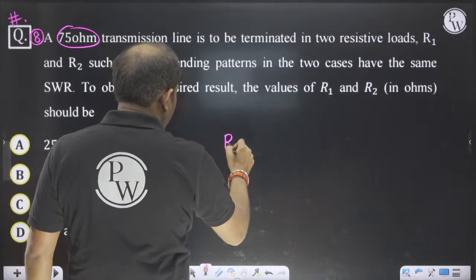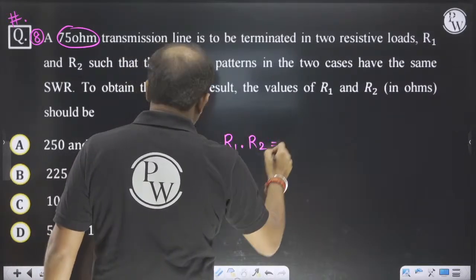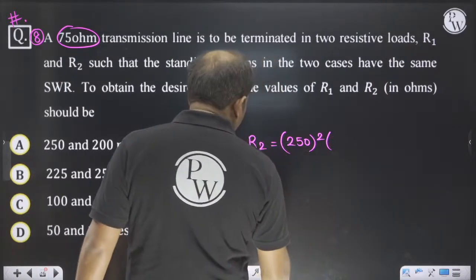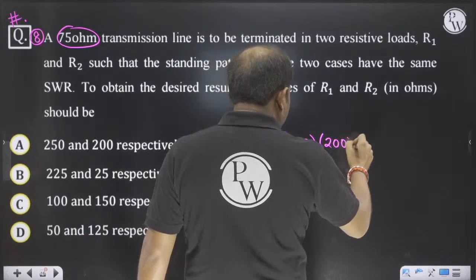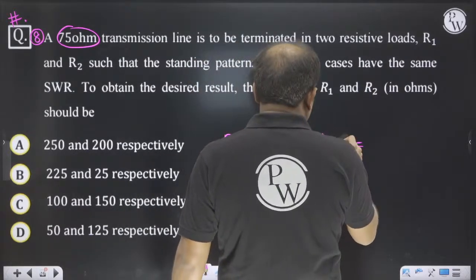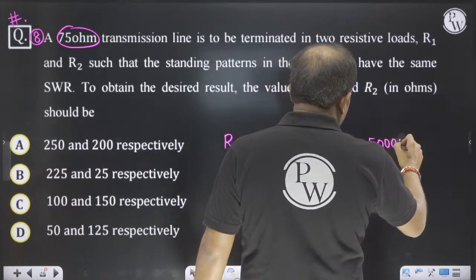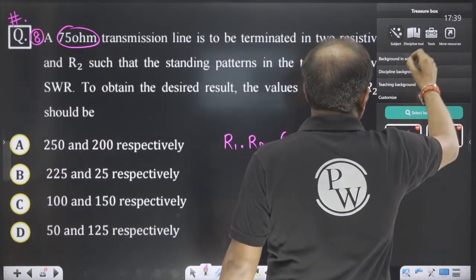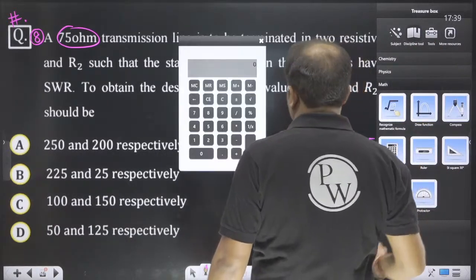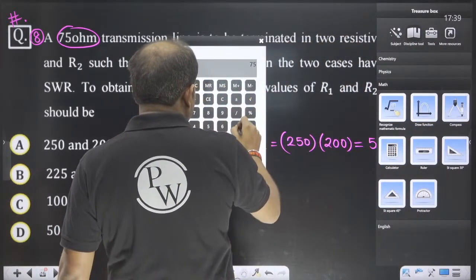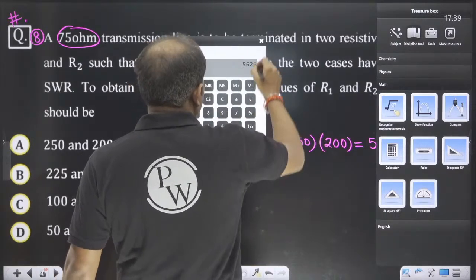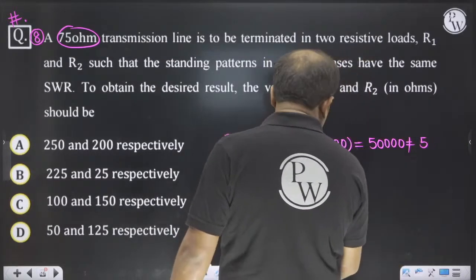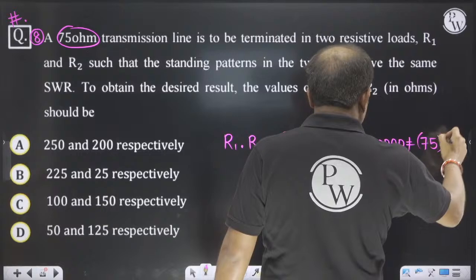In the first option, R1 into R2 is 250 into 200, which is 50,000. That is not equal to 75 square, which is 75 into 75, 5625.